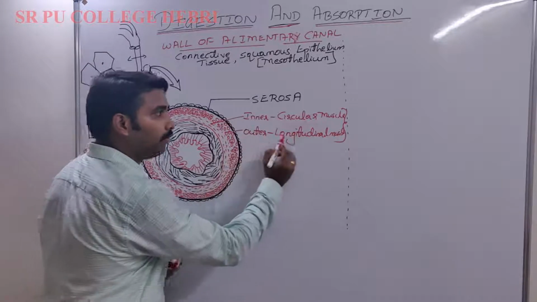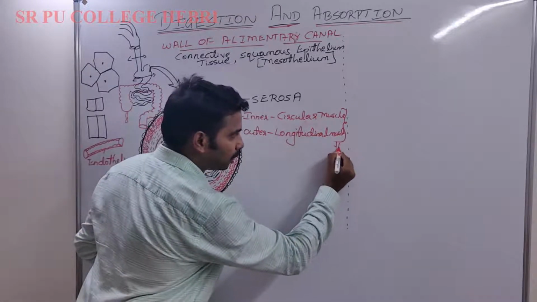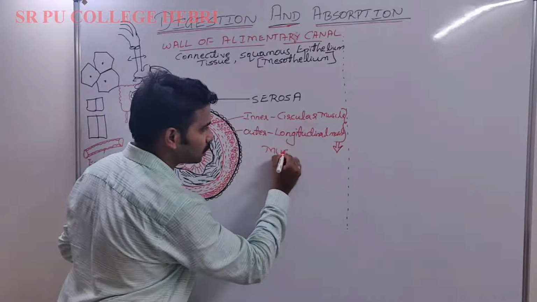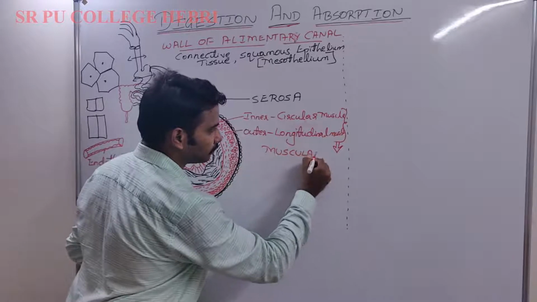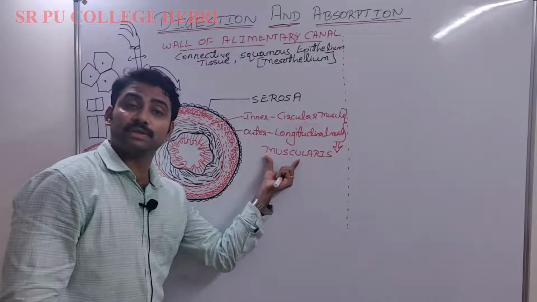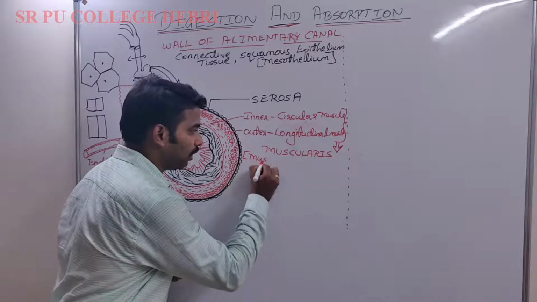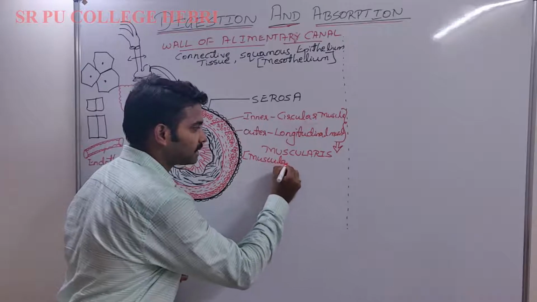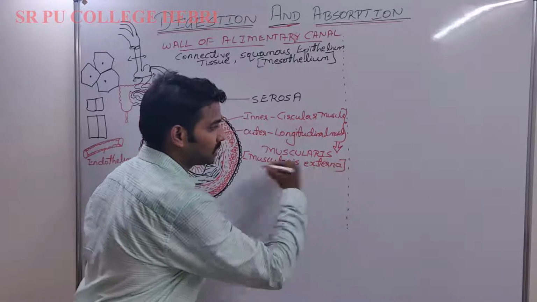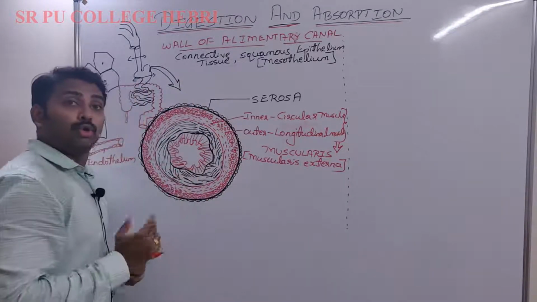The outer region is longitudinal smooth muscle. Both of them together are called muscularis. The name itself tells it is made up of smooth muscle. It is also called muscularis externa, as some authors call it, made up of two layers of smooth muscle.